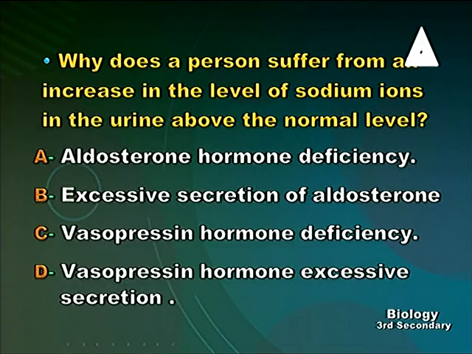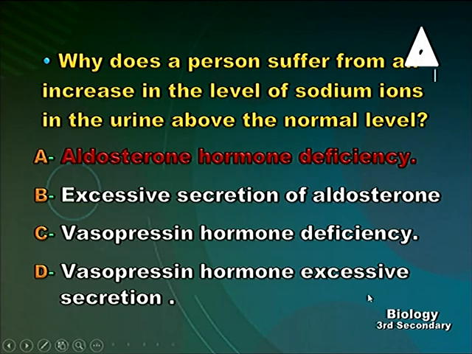Aldosterone decreases the amount of sodium ions in the urine and increases its reabsorption to the blood, and the vice versa for the potassium ion. So if the person suffers from an increase in the level of sodium ions in the urine above the normal level, of course the answer will be aldosterone hormone deficiency.